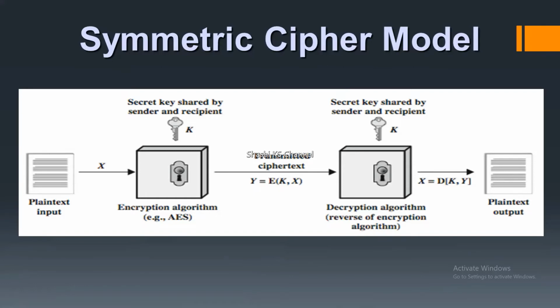The output produced by the encryption algorithm is called the ciphertext. This ciphertext is in turn applied to the decryption algorithm. The decryption algorithm is just the reverse of the encryption algorithm, which makes use of the same secret key shared with the receiver, and produces the plain text as output. Here your ciphertext is your scrambled message.